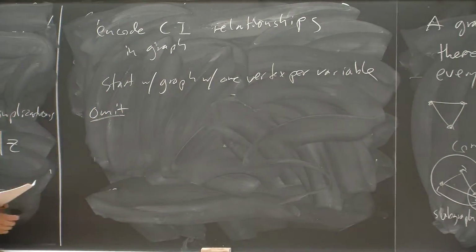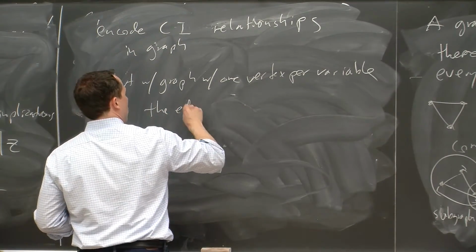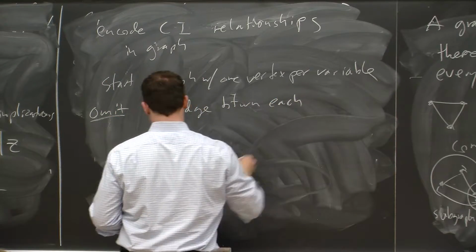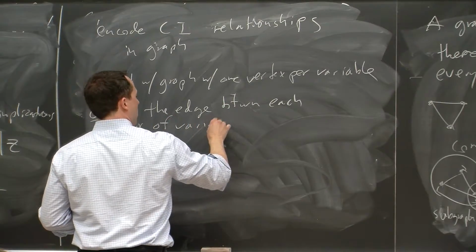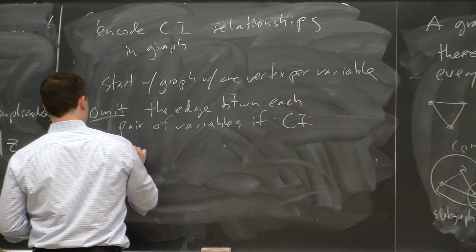We said it was the lack of edges that indicated independence, so we omit the edge between each pair of variables if they are conditionally independent given the rest.